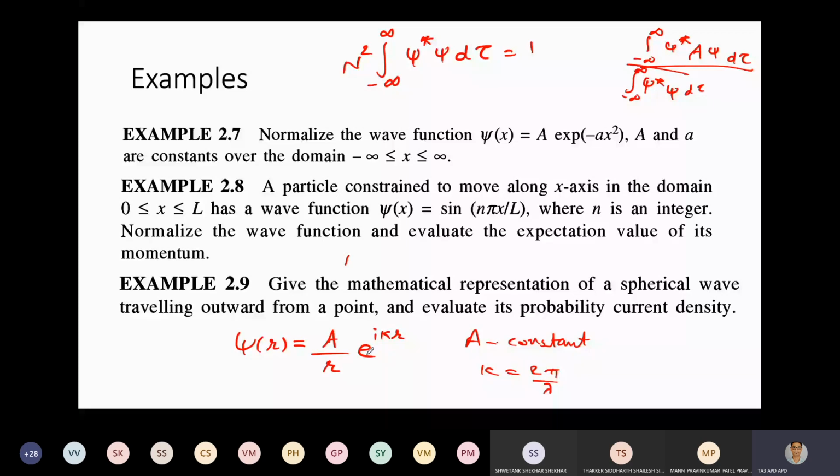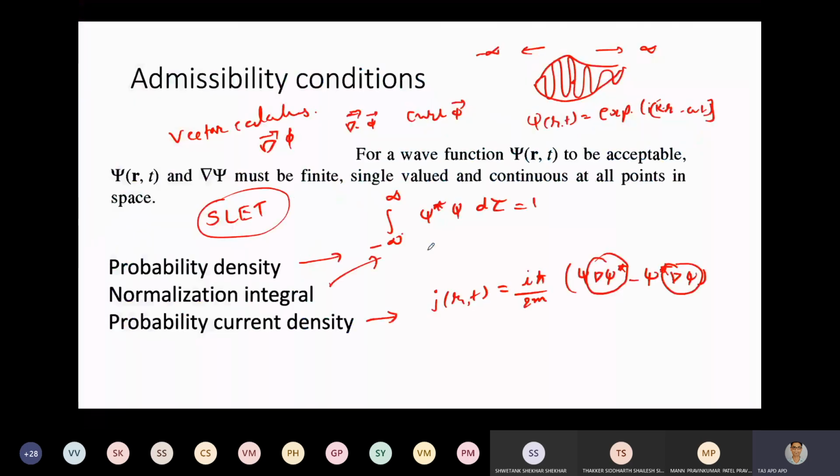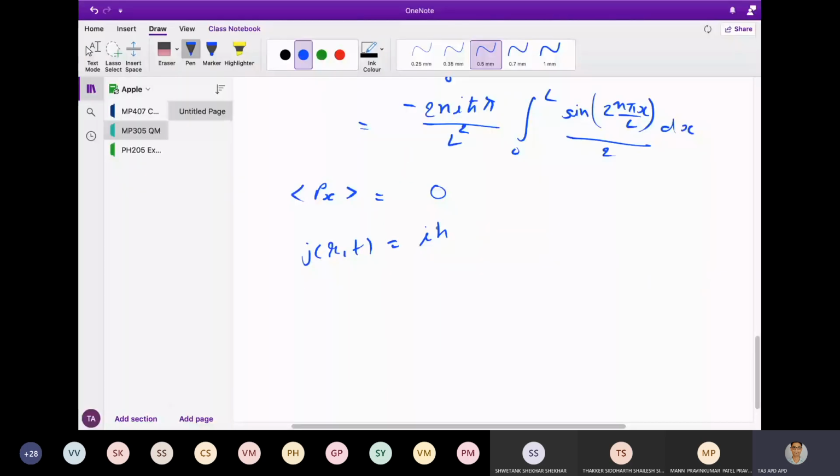J as a function of r is equal to iħ/2m into ψ∇ψ* minus ψ*∇ψ.